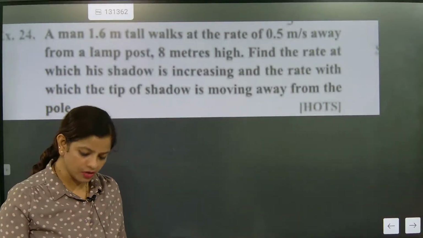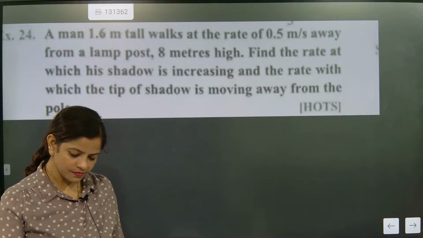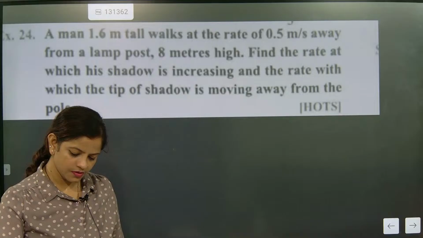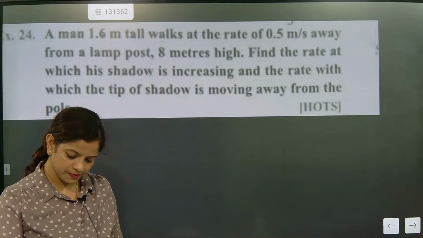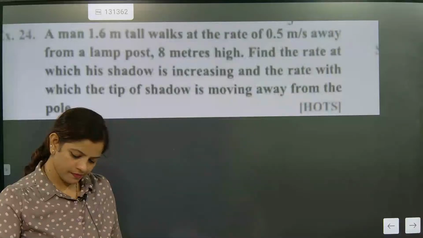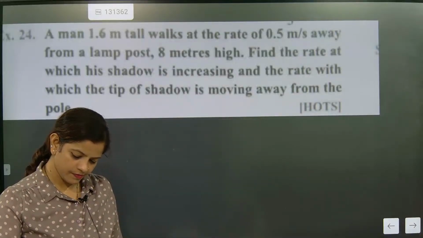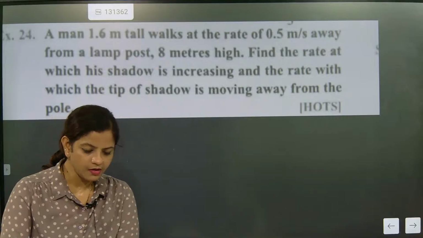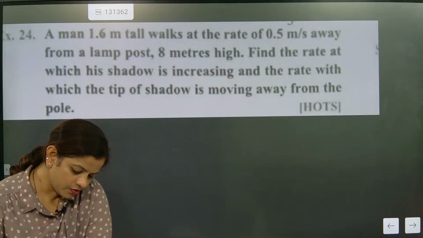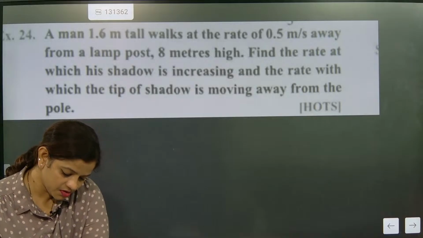Sivaranjani, Sanjana, did you solve this question? Solve it. Very good. Try at least one time.